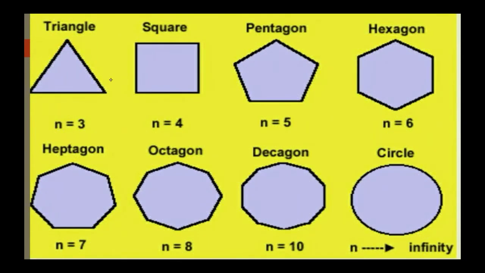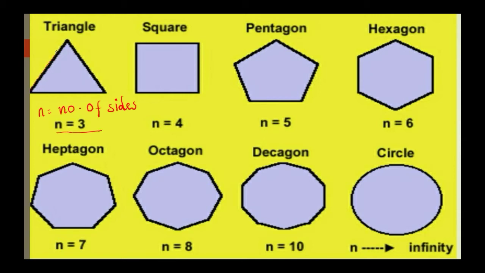Next, we classify polygons on the basis of the number of sides. Let n be the number of sides. If n is 3, then it is a triangle.